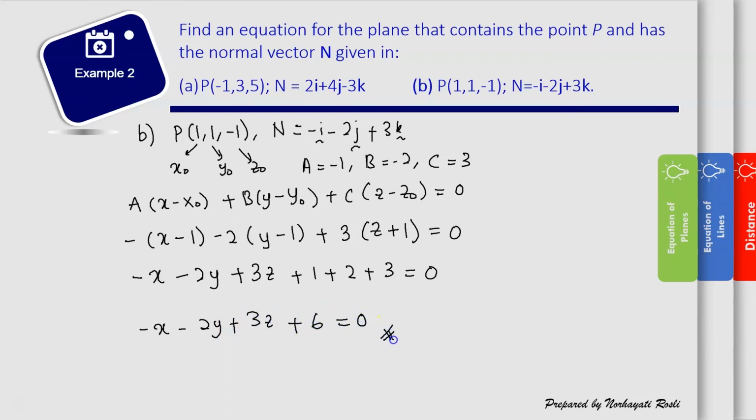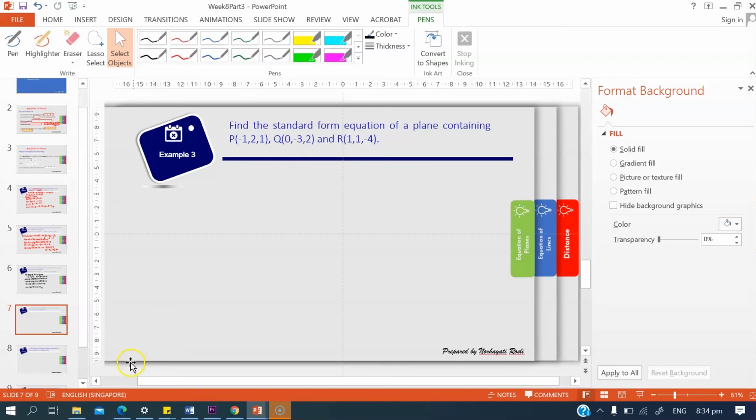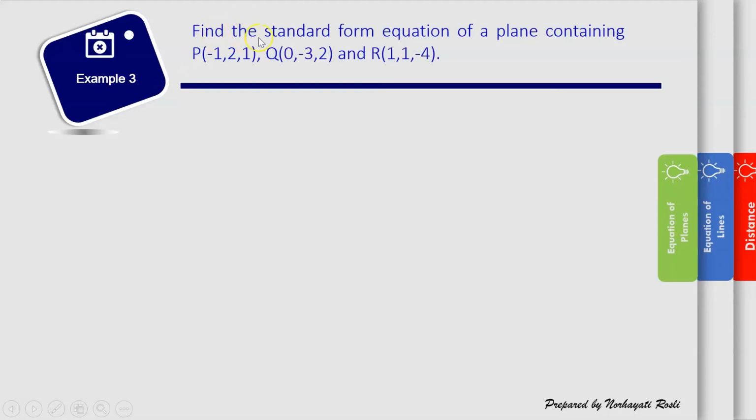So this is our equation of the plane for this P(1, 1, negative 1) and normal vector negative i minus 2j plus 3k.